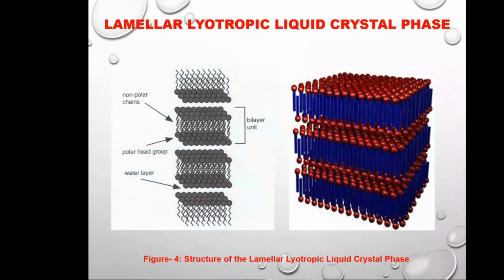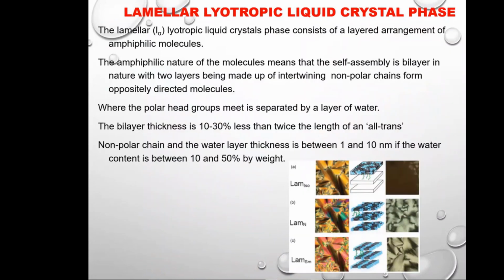So we have those layers of molecules which are interconnected in the bilayer unit by non-polar chains, where the polar head groups are outside of such a bilayer, and then we can have several layers of such a bilayer unit, and altogether they form the lyotropic liquid crystal phase.